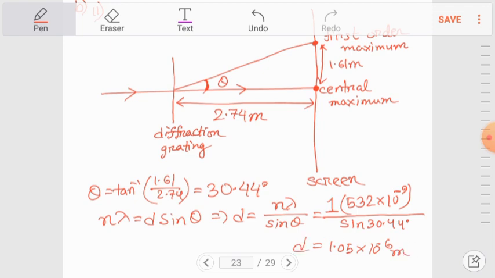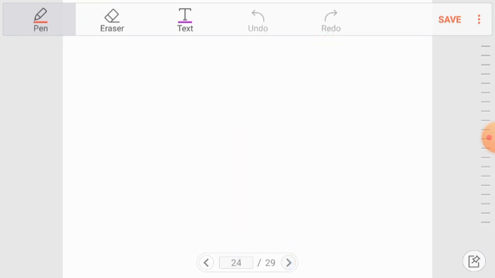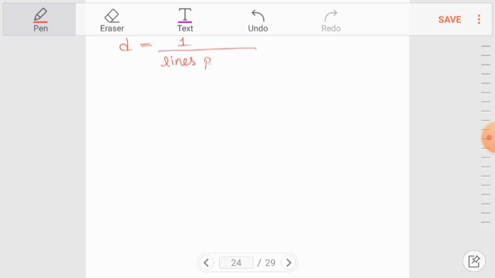Now the question wants you to find the value for the lines per millimeter. So let me do the other workings here. The equation for d is 1 over lines per meter, which is 1.05 times 10 to the power negative 6.